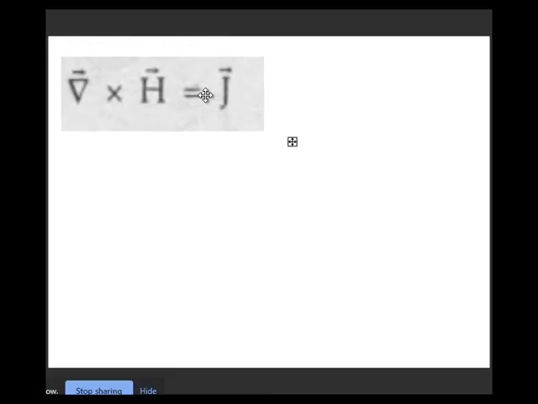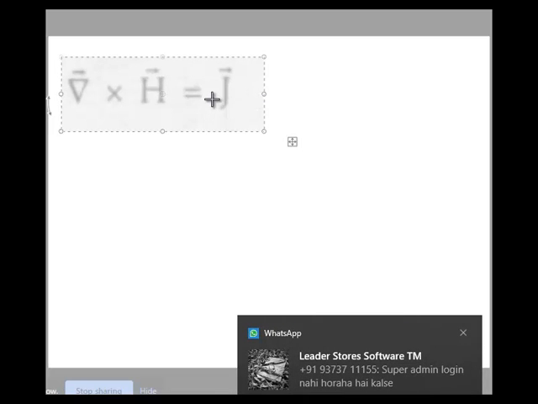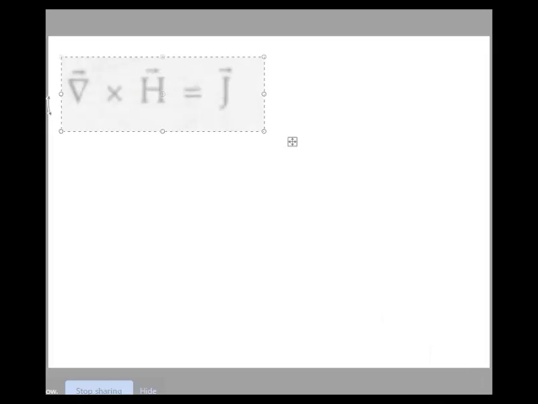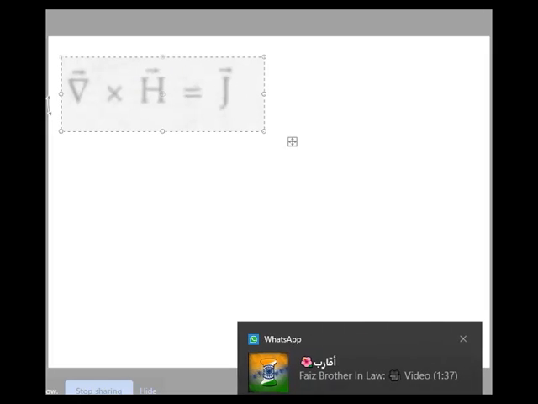This equation is the relation for magnetic field intensity, and this delta indicates that it is a differential form. This relation is in differential form. Then the next expression for this set is its integral form, and the equation is written here.